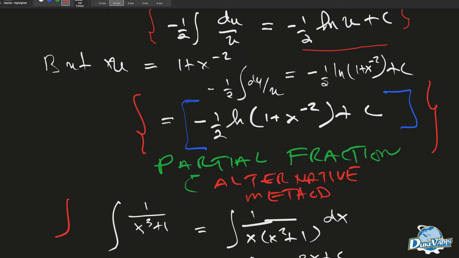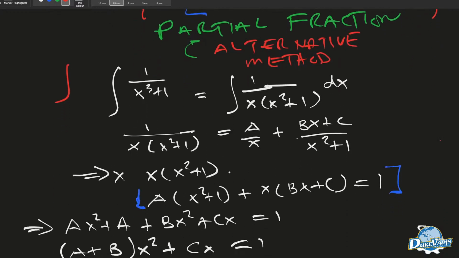Then somebody made an assumption that the first method is more compressed and a bit difficult to understand. So we came to a consensus that we were going to apply the traditional approach, and the traditional approach in this sense is partial fractions.